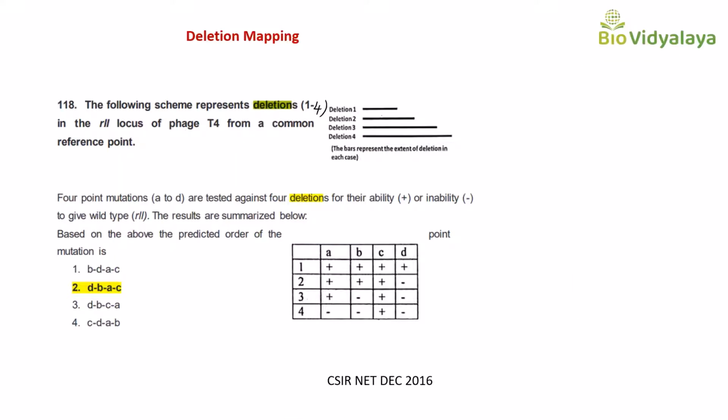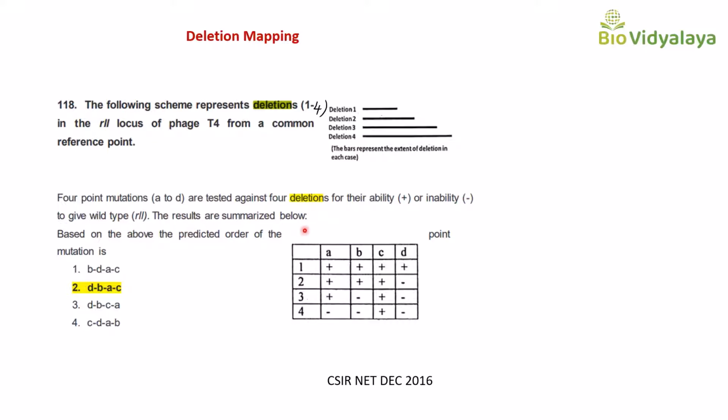So our first question is from deletion mapping. This is the question from CSIR NET December 2016. The question is, the following scheme represents deletions 1 to 4 in the rII locus of T4 from a common reference point. Here the bars represent the extent of deletion, and for point mutations A to D are tested against the deletions for their ability, that means positive, or inability, that means negative symbol, to give the wild type.